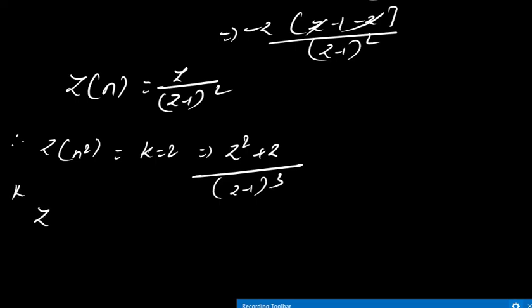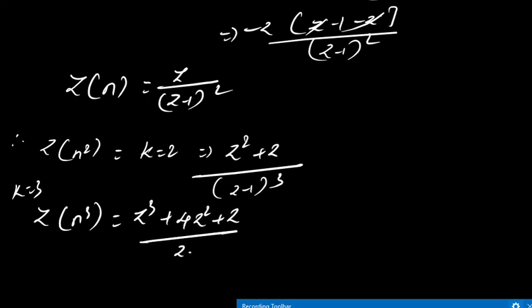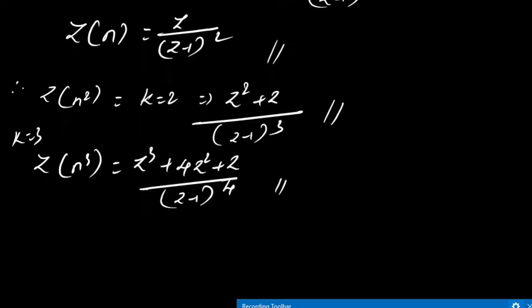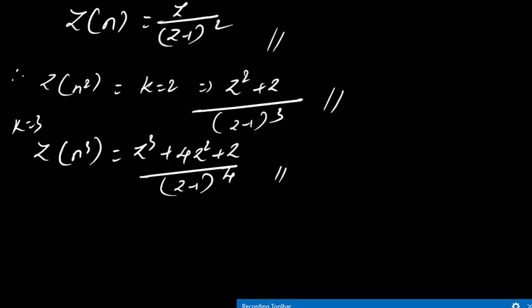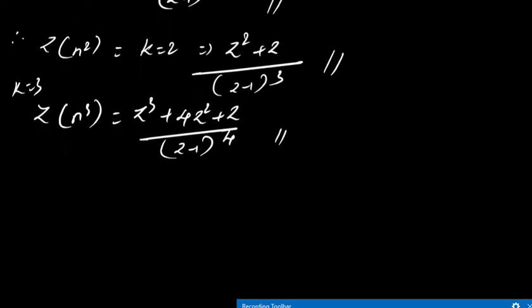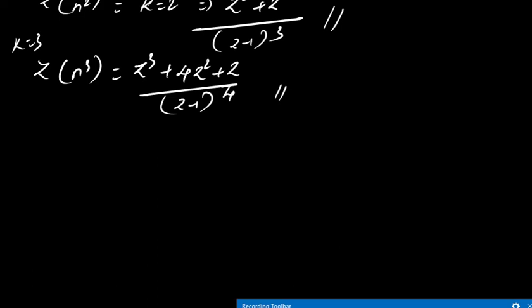Similarly, when k is equal to 3, Z transform of n cube is equal to z cube plus 4z square plus z by z minus 1 the whole power 4. If we remember all these results, it will be very useful when we are solving problems. If you have forgotten the formula, no issues. Remember the standard formula and then just put the value of k. You will be able to get the Z transform of n power k directly.